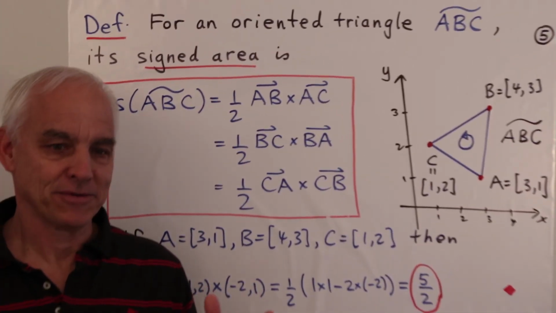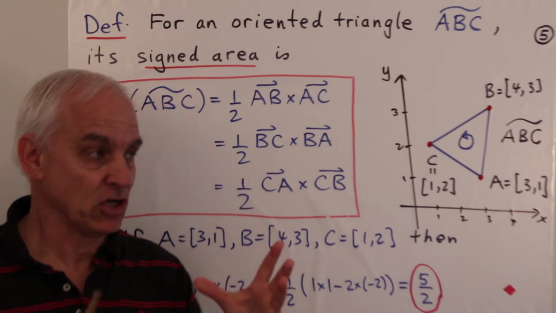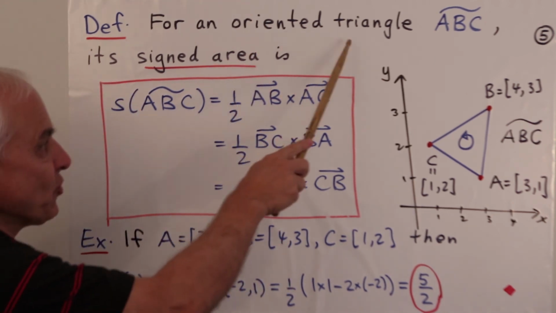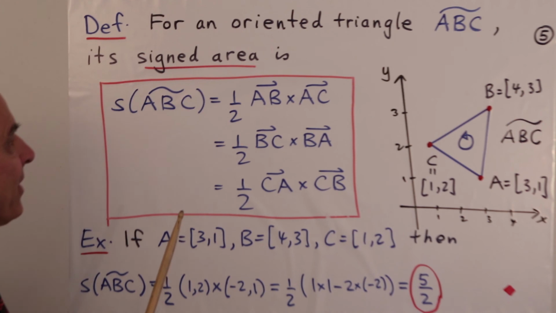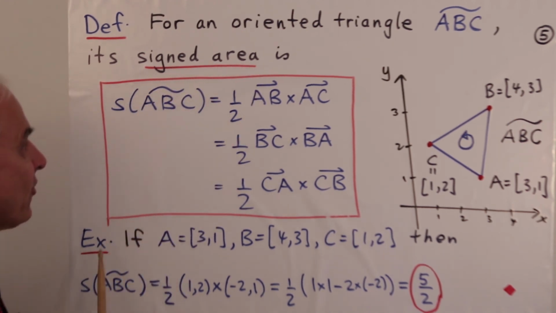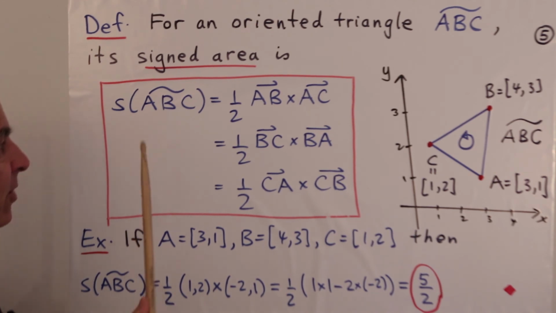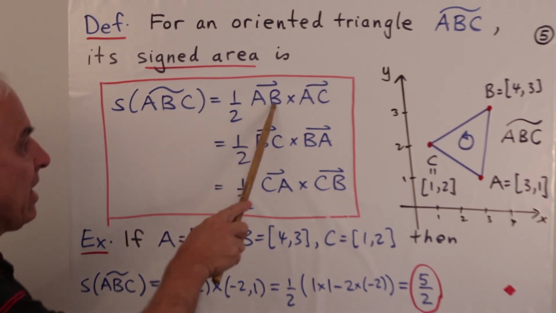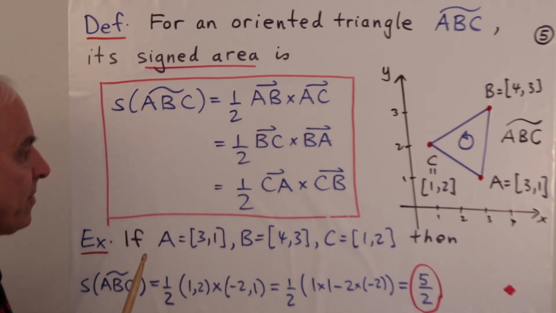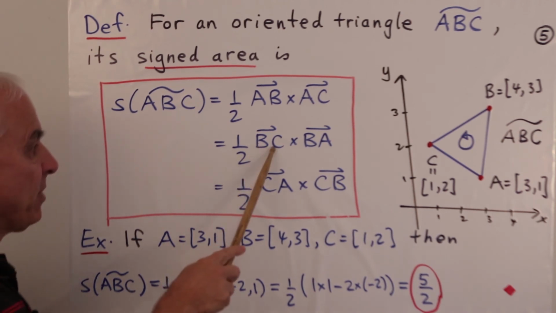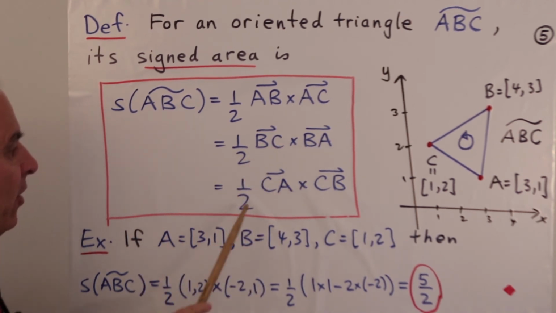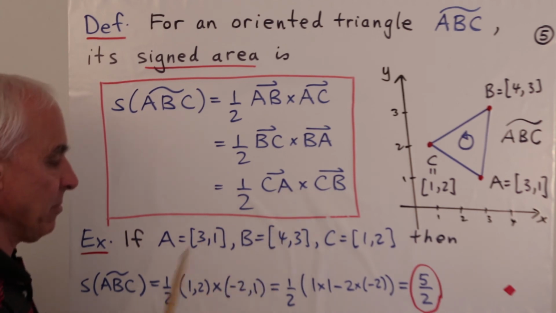All right, great. So now here is the main definition. For an oriented triangle ABC, its signed area is S of ABC equals 1/2 AB cross AC. But it also equals 1/2 BC cross BA. It also equals 1/2 CA cross CB.